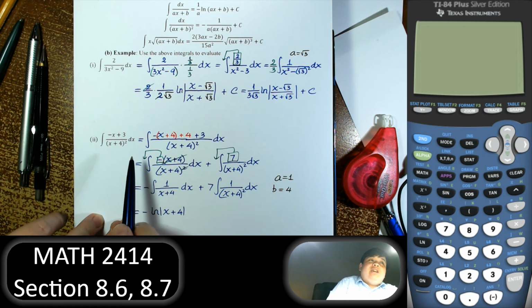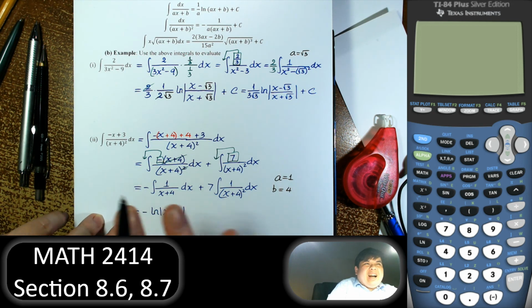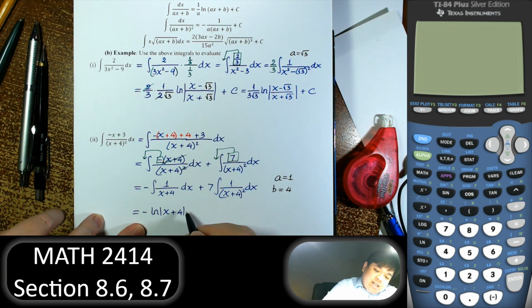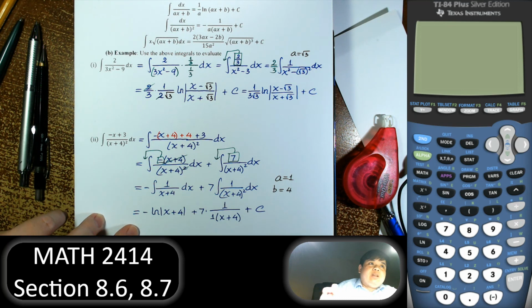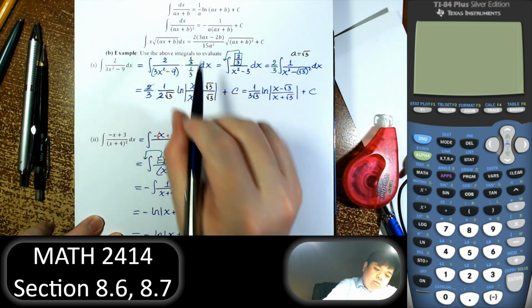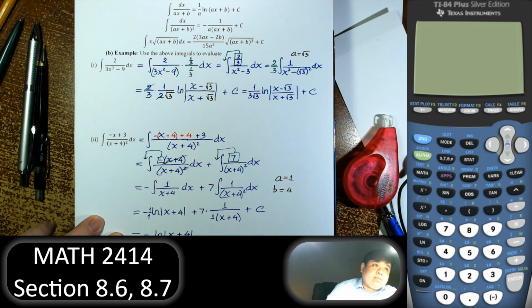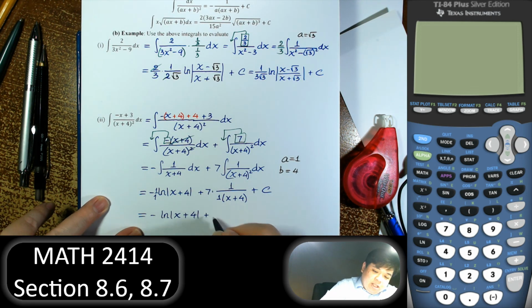So this is pretty much like a partial fraction problem, but we're just going to use the formula, and plus 7 times 1 over a, which is 1, ax plus b, which is x plus 4. So that's what we have. Minus ln of x plus 4, just like the form they have, which is this, plus 7 over x plus 4, plus c.